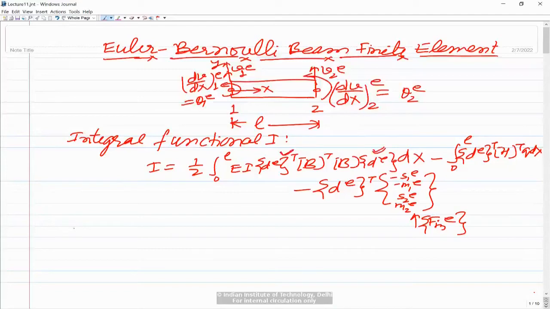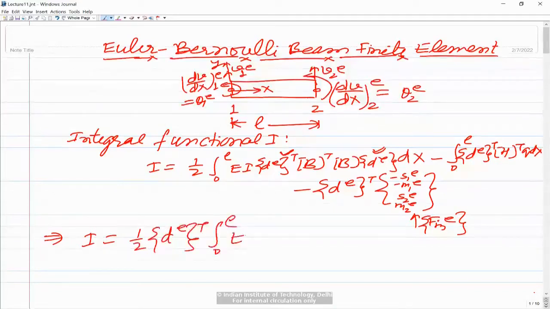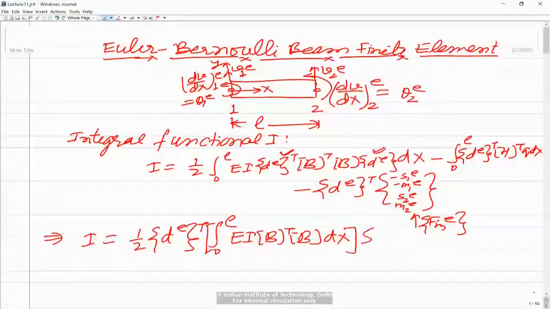If we do that, we can write I is equal to half, d transpose, then integral 0 to L, EI and b transpose into b dx, then d on the right hand side, with the integral already inside.